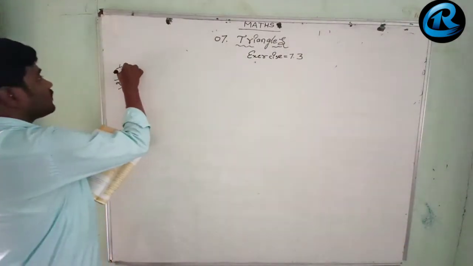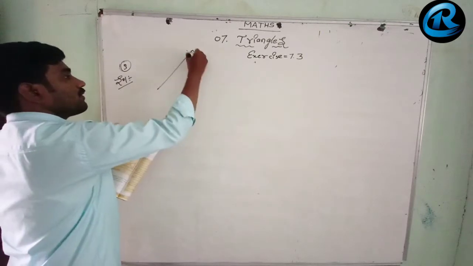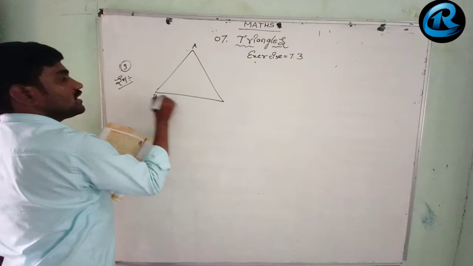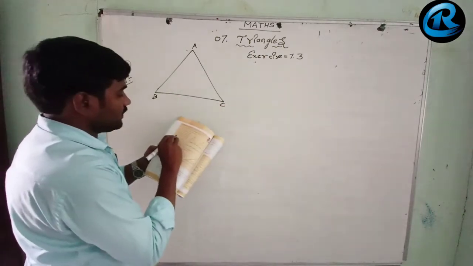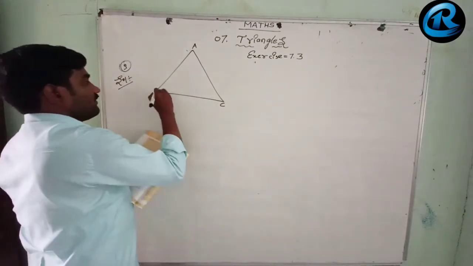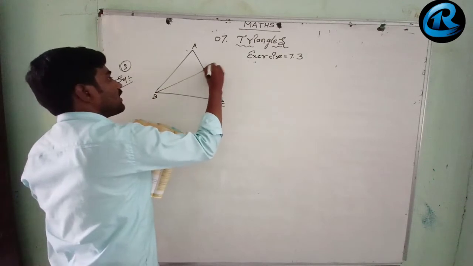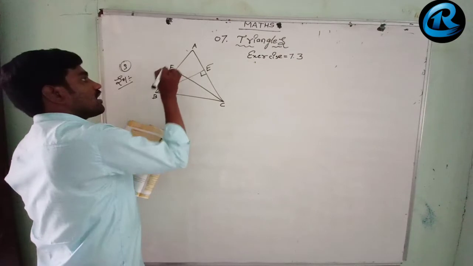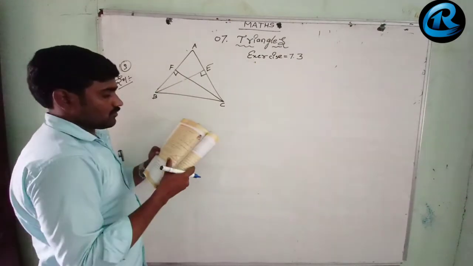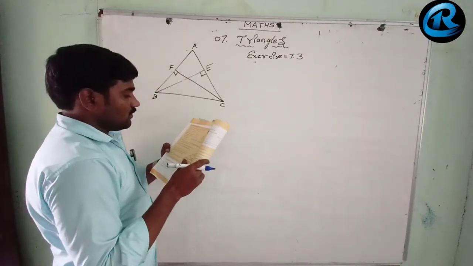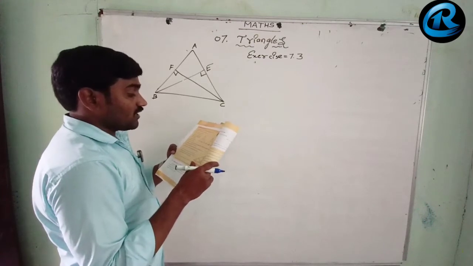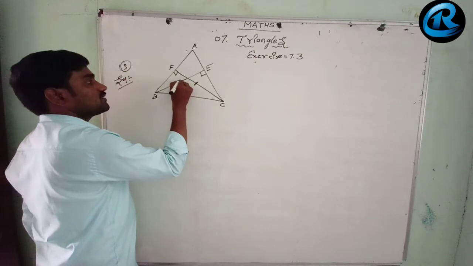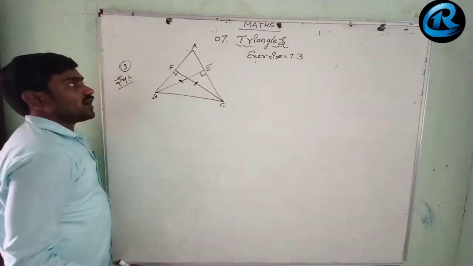So here the third one, ABC. What is it? BE and CF. BE and CF are two equal altitudes. So these two are equal.